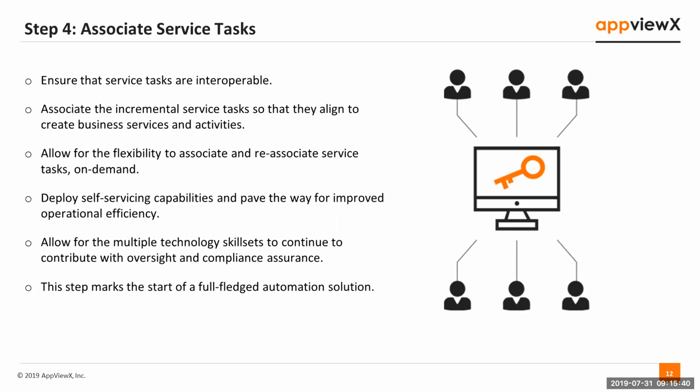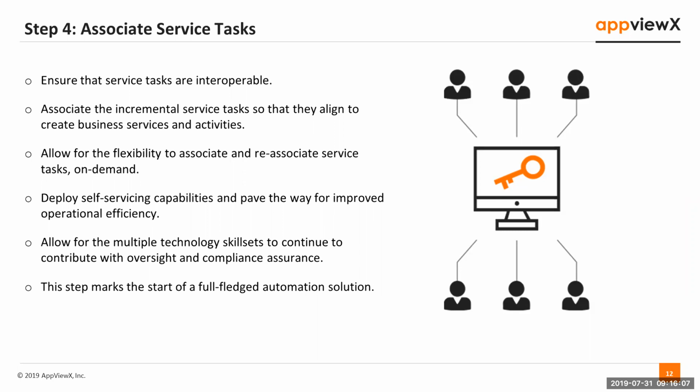So it's not simply a method of creating it once and then it's static and left alone. The process of automation and agility is harnessing the ability to be flexible, to associate these tasks and then reassociate the service tasks if necessary, because the first shot is not always going to be an accurate one.